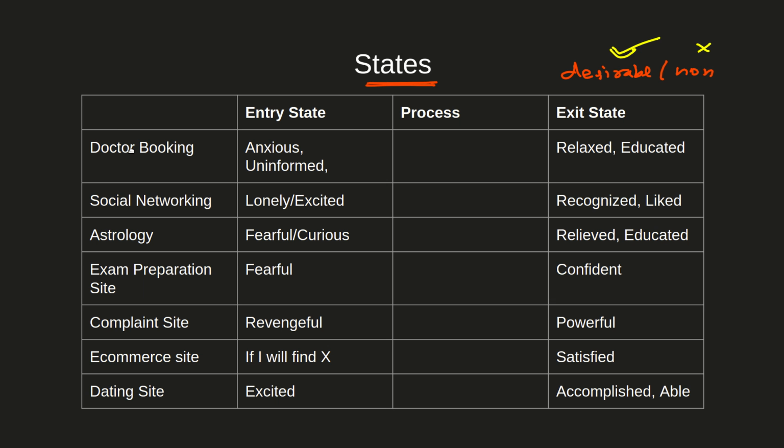Always keep these states in mind, because they help us create designs that are very simple and yet give the maximum result. Some designs can be complex, but some designs are very, very simple.